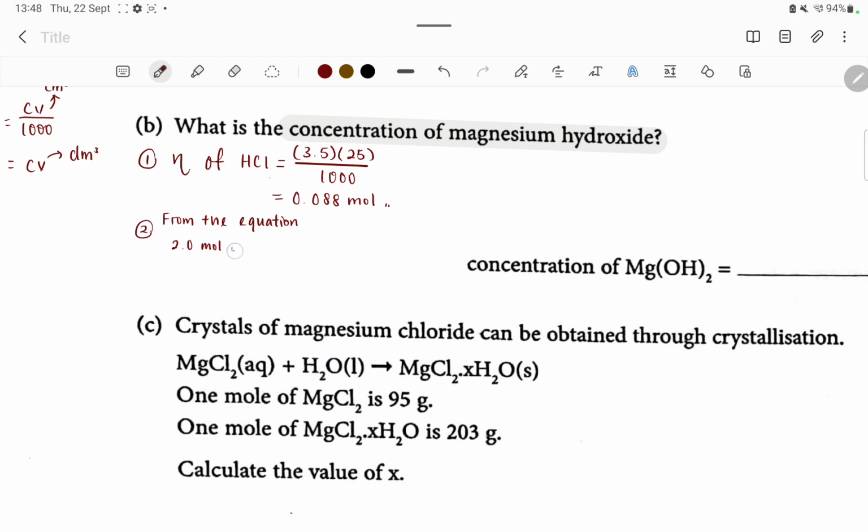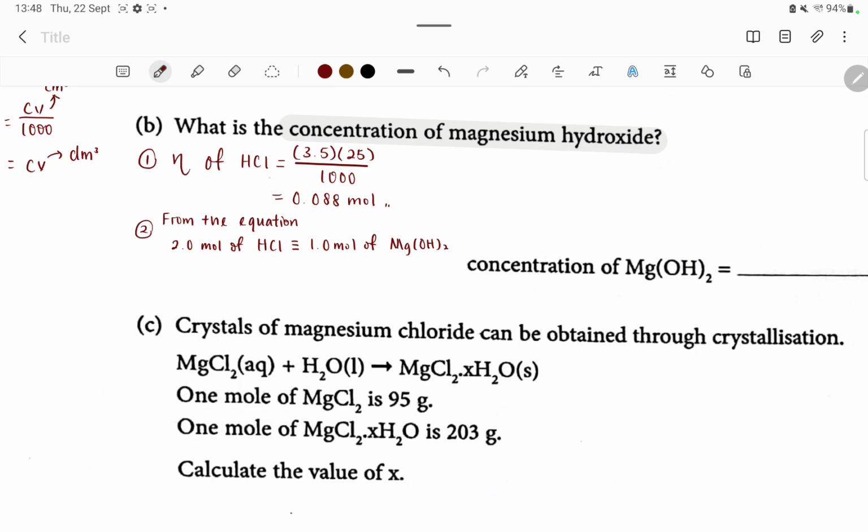Two mole of HCl reacted to 1 mole of Mg(OH)2.